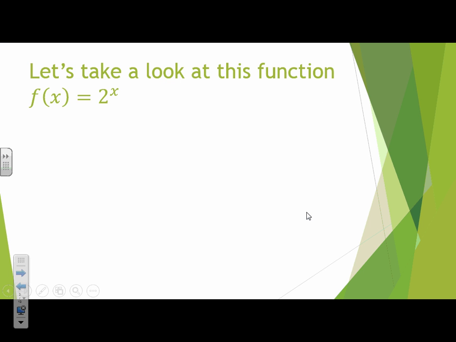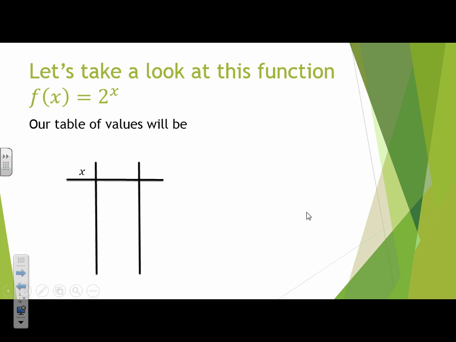It says example, f of x is equal to 2 to the power of x. So in your table of values, I want you to go ahead and fill in the input. So our input is, let x be equal to 1. Okay. So what you're going to do is substitute a 1 wherever you see an x. So what is 2 to the power of 1? 2. Good. I want you to now substitute in 2.